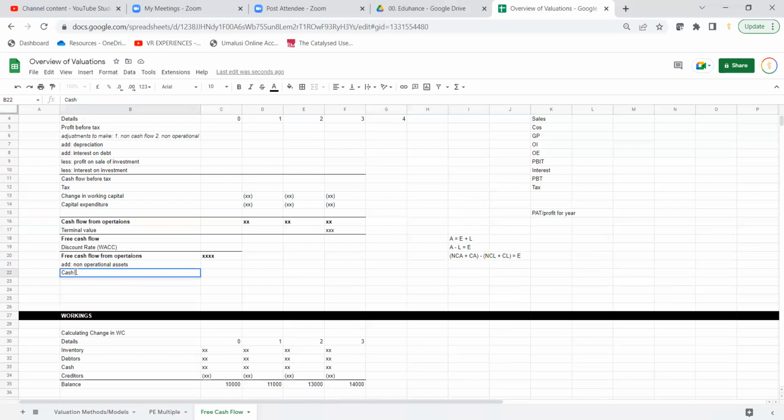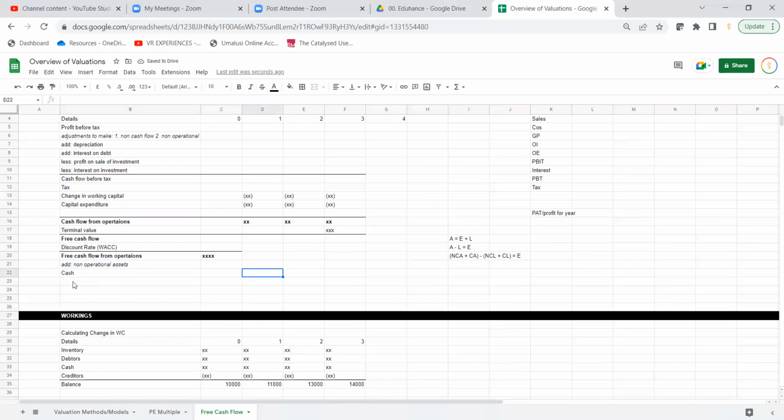So remember I told you in this cash calculation, you will only have cash over there if they tell you a certain percentage of the cash balance is operational. So let's say 5%. Then that means the cash number you put in over here will be 95%. If they don't say anything regarding the cash as operational, then 100% of the cash will be non-operational.